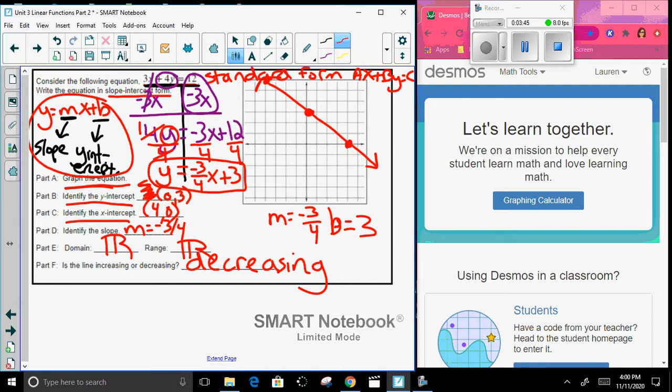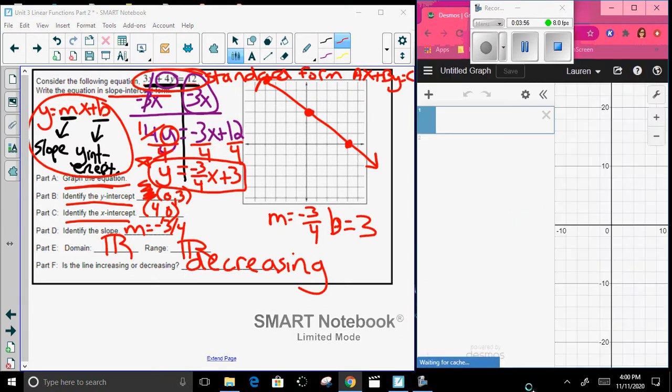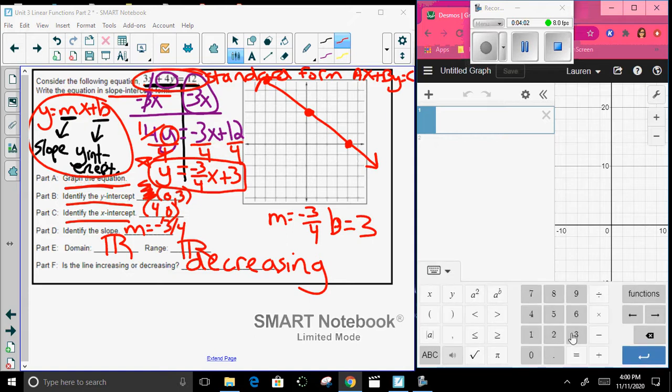I could always check myself, and I could go ahead and put my standard form equation and my slope-intercept form equation into my calculator, and I could make sure that they actually are the same exact thing. So if I went ahead and plugged them in, so standard form, 3x plus 4y equals 12. Now go down to the next one and put the slope-intercept form one in.